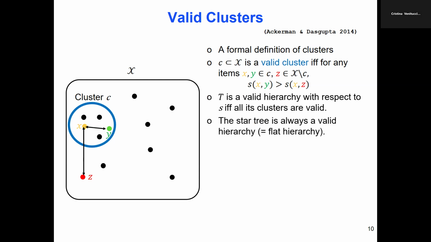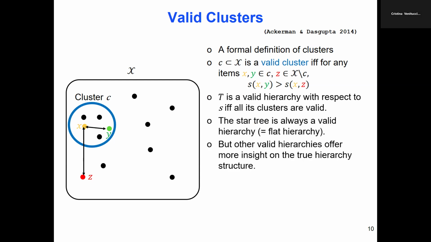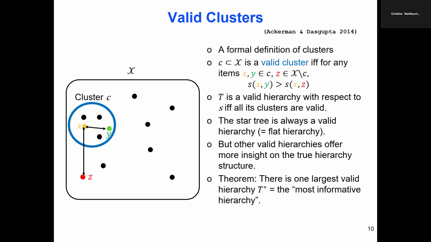So what I would like is not to have this, but to find hierarchies that offer more insight into the hierarchies that I have in my data structure. And so the first thing we showed is that trees define a partial order, and this partial order has a maximal element. So there is one hierarchy, essentially, which is the largest one, which contains all the possible valid clusters that you have in your data.